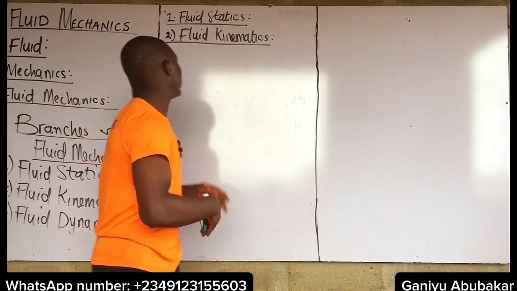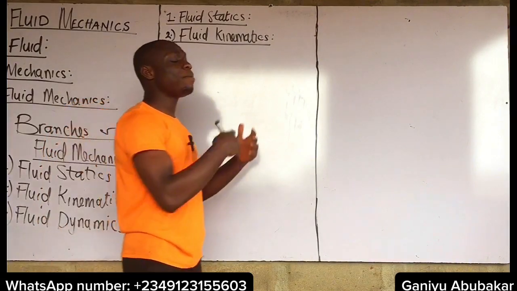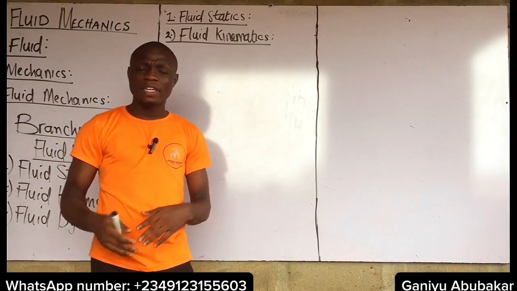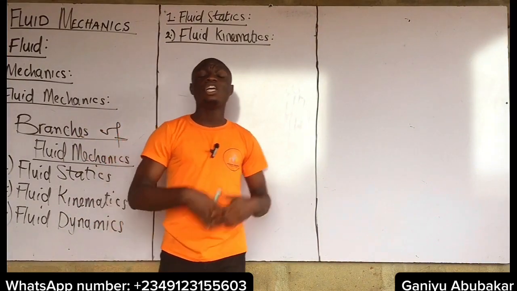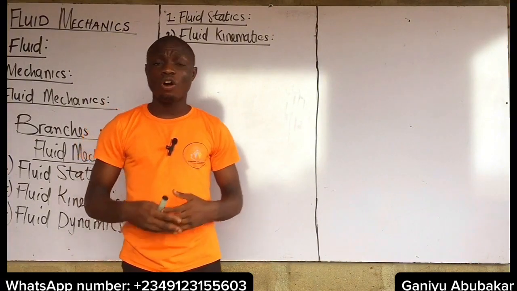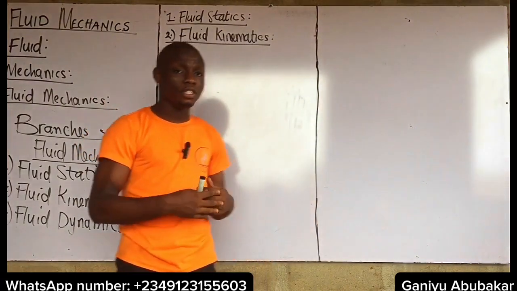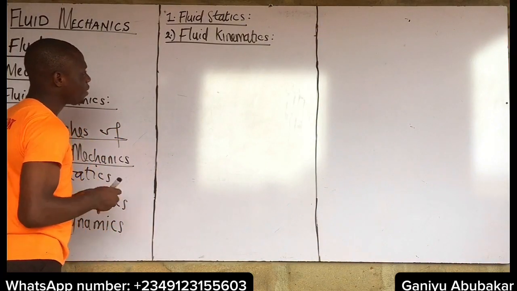So fluid kinematics is a branch of fluid mechanics that studies the characteristics and properties of fluid in motion without due consideration of the force causing the motion. That's the definition for fluid kinematics.